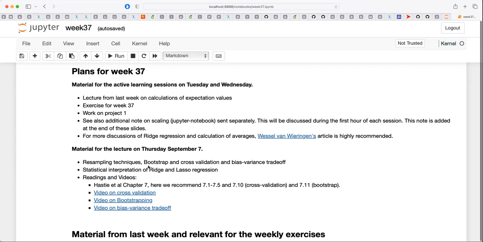So the bootstrap technique is widely used in cases where you have some few thousand data points. Another technique which is widely used in machine learning is a technique called cross-validation. And we will discuss both of them today.